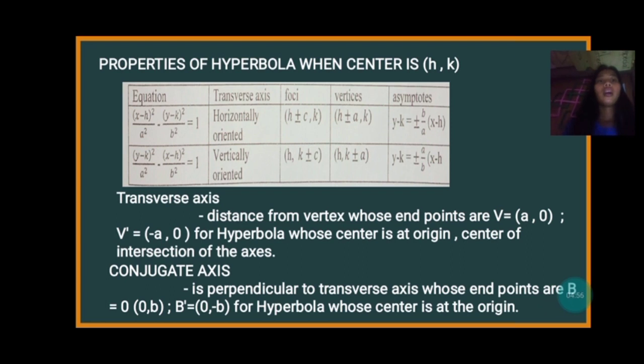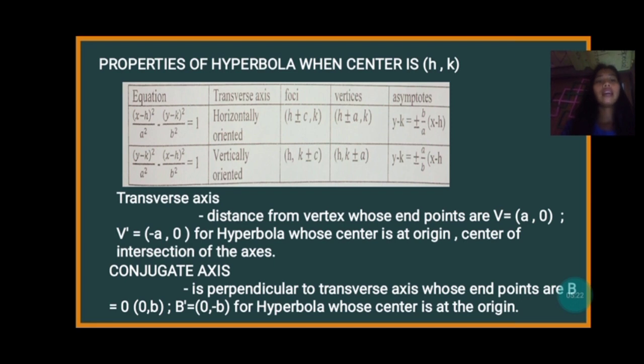The meaning of transverse axis is the distance between the vertices, whose endpoints are V equals (a, 0) and V equals (negative a, 0), for a hyperbola whose center is at the origin, the center of intersection of the axes.